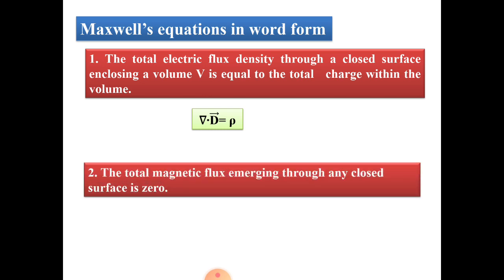Second: the total magnetic flux emerging through a closed surface is equal to 0. Divergence is applicable for an open-loop quantity; for a closed-loop quantity, divergence is equal to 0.